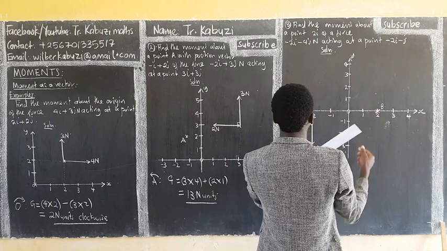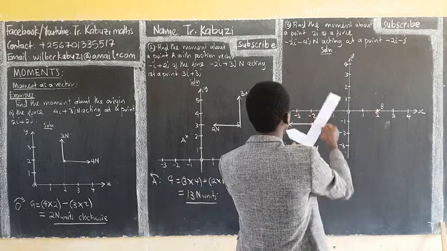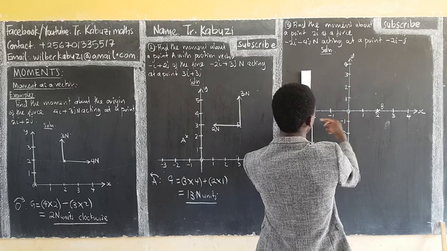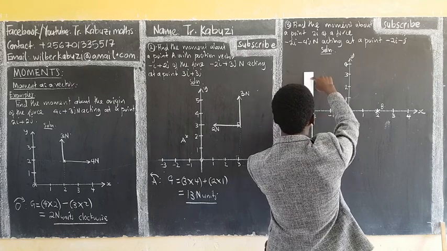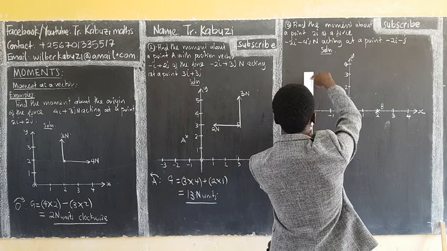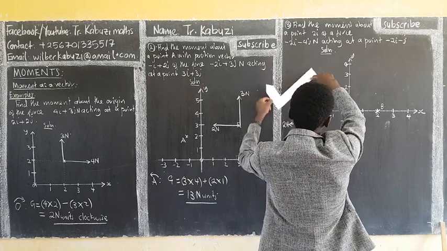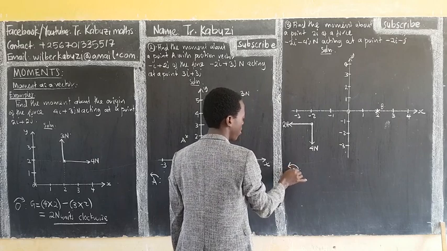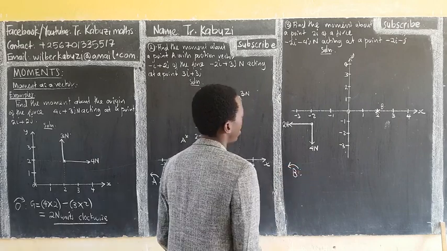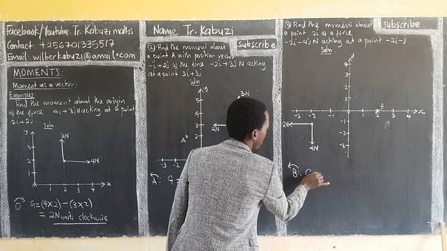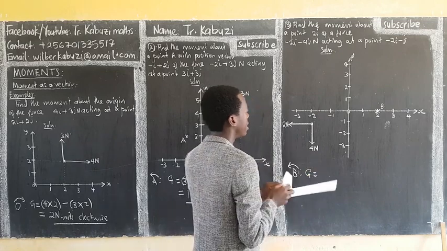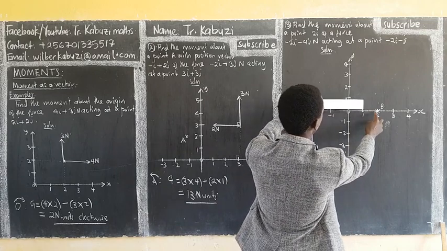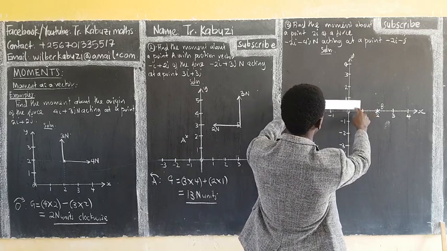What about this? The force is here. Where is the perpendicular distance? The perpendicular distance from this point is going to be this. So where will it act? If the point is there, it will act in this way. So meaning the bigger force is going anti-clockwise. Now mind you, I need the perpendicular for this. From this point, this is going to be our force.